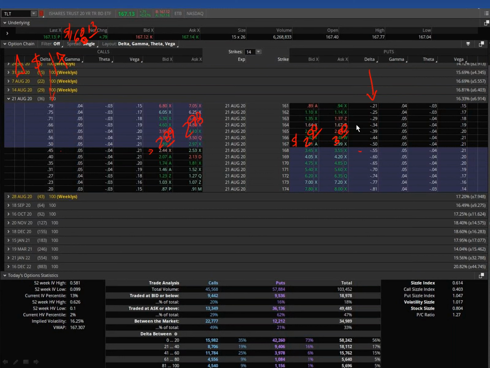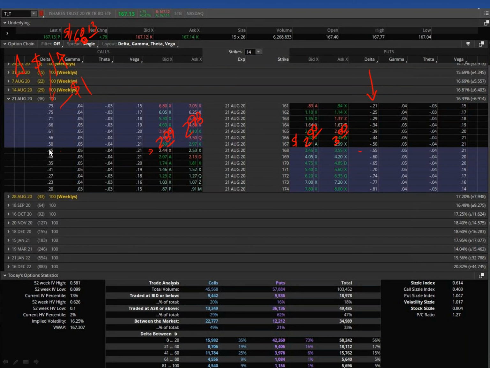Vice versa, if we went down by $1, now we've got a negative dollar move, so negative $1. Then those premiums would decrease by that corresponding amount, all right? So the calls would decrease because a negative 1 plus a positive delta makes that a negative delta to our position.